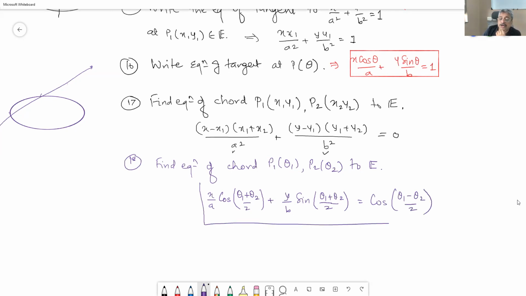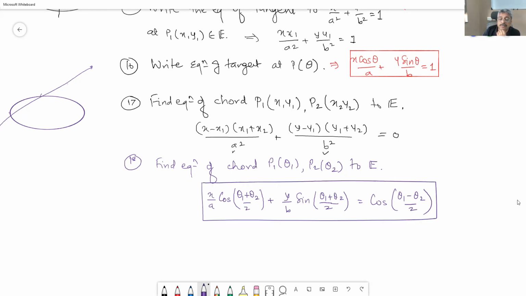This is your equation of chord in terms of theta 1 and theta 2.